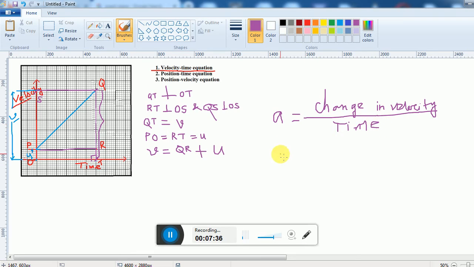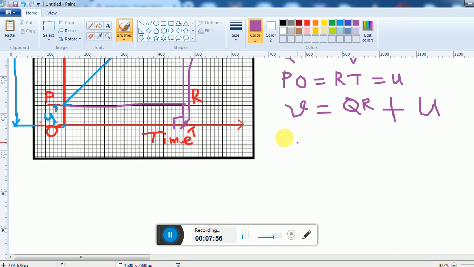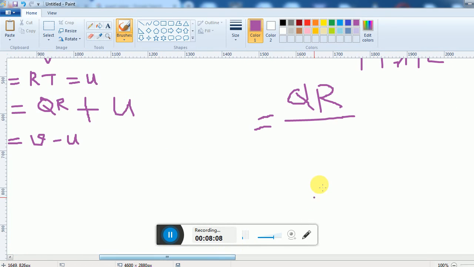What is the change in velocity? That is QR. QR is the change in velocity, and QR is equal to v minus u. So you can write QR by RP.